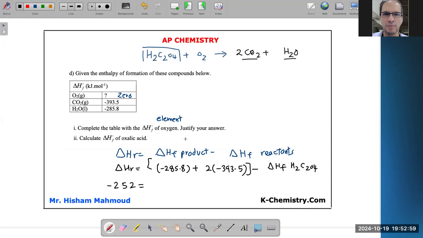Can you try, Mariam, for the answer? Delta HF will be 10. Okay. So I'm just subtracting this one from this one. So the negative delta HF of H2C2O4 is equal to negative 252 minus this one.